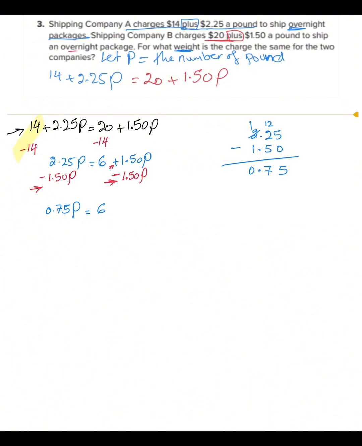Why is it 6? Because as we said, 1.50p minus 1.50p is 0.